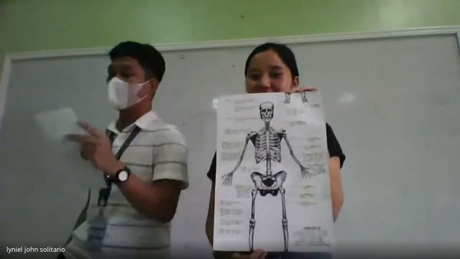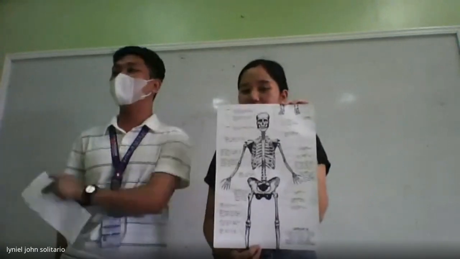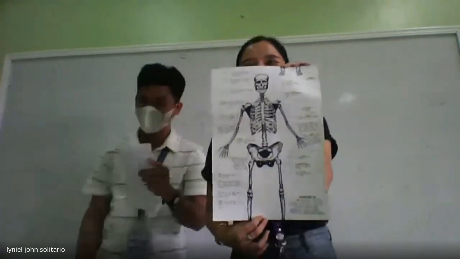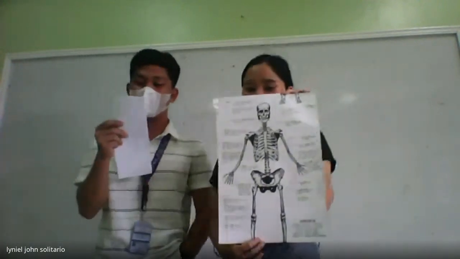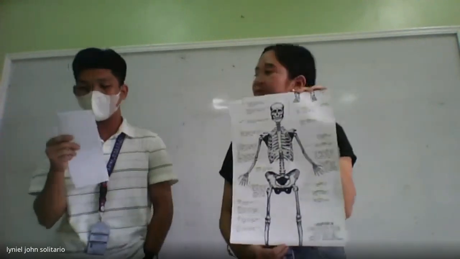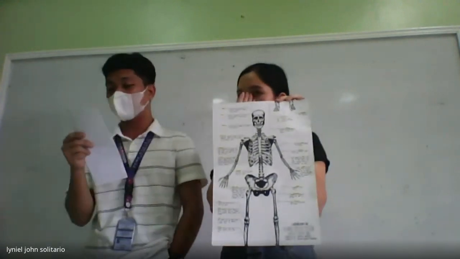The adult human skeleton consists of 206 bones. And from a baby, how many bones? 300, that's correct. A baby has about 300 bones at birth. These eventually fuse or grow together to form the 206 bones that adults have.